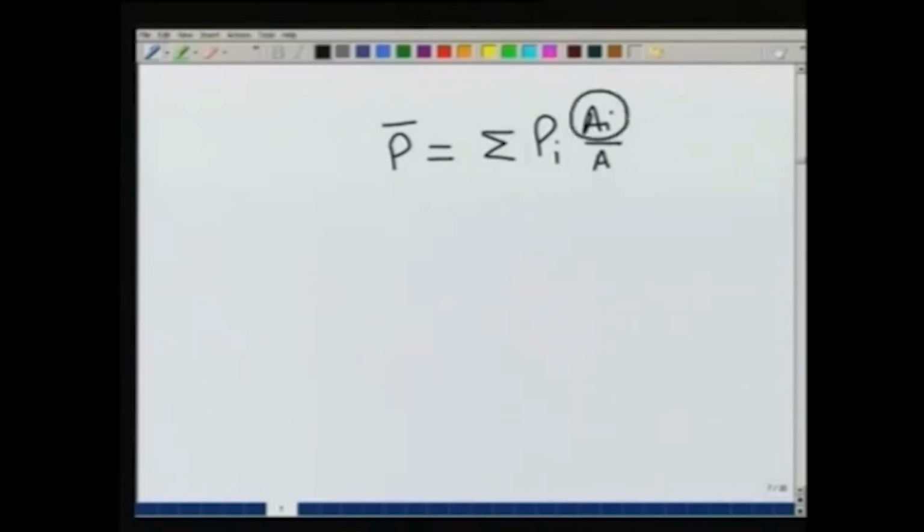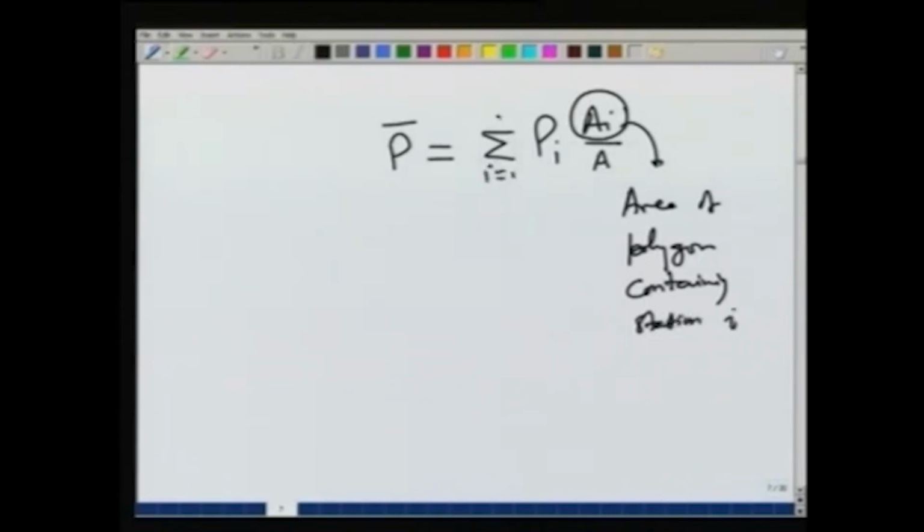This A_i is the area of polygon containing i. And i again will go from 1 to n. A is the total area and of course, summation of all the areas has to be equal to A.